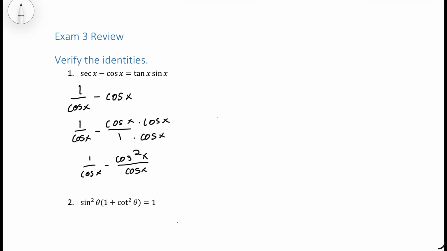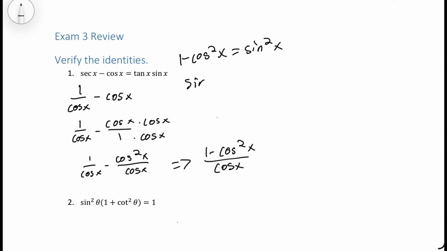Now we combine both terms into 1 minus cosine squared x over cosine x. And we know that we could change 1 minus cosine squared x into sine squared x using the Pythagorean theorem, which is sine squared x plus cosine squared x equals 1.